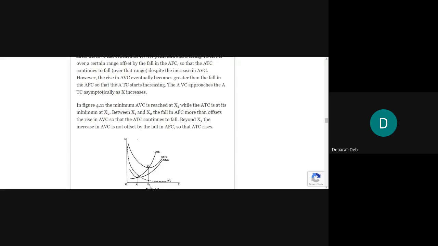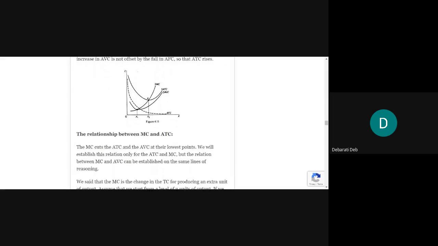Beyond x2, the increase in AVC is not offset by the fall in AFC, so that ATC rises. Okay, so the same thing has been written in the second paragraph, nothing different. So I think it is clear. If not, please ask me, okay?